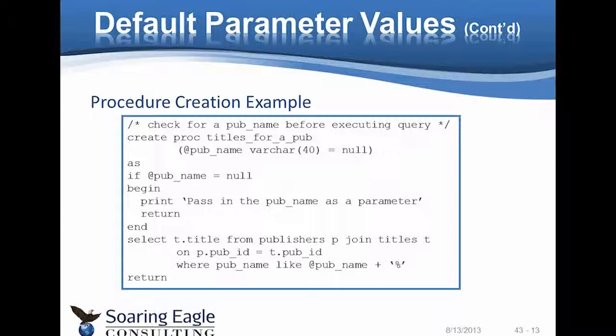Next, we're doing something which is a little bit creative. I am saying, bring back all the publishers where the pub name is like the variable passed in plus a % sign. Note, you may occasionally get bad optimization with this depending on the rest of the query and the rest of what you've got going on, and it may be smarter to append that % sign prior to calling the proc.